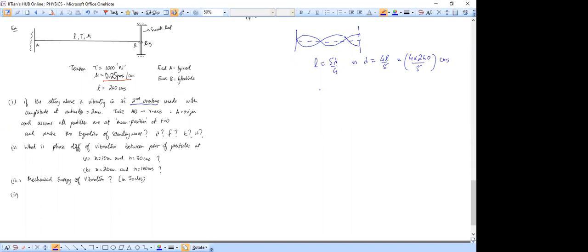Okay. So your frequency will be fifth harmonic.